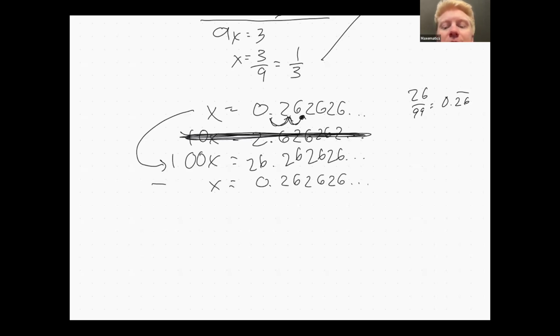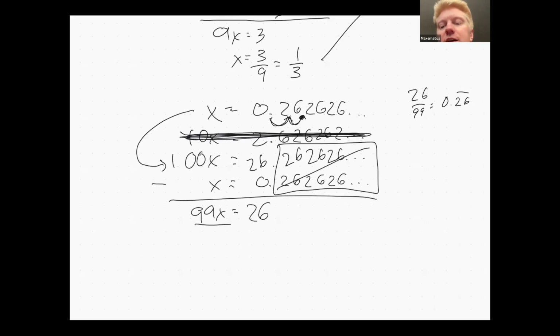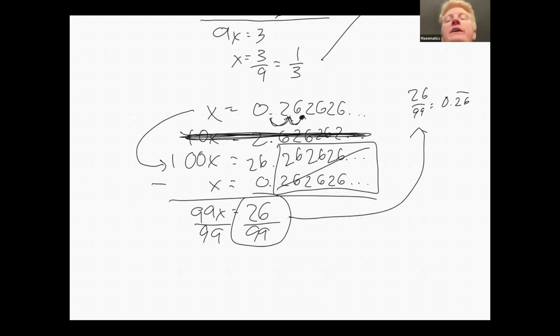And that leaves us with 100x minus x, that's 99x. 26 minus 0, that's 26. And we divide both sides by 99. And we finally get back to the original. So that's how we convert non-terminating but patterned decimal places back to fractions.